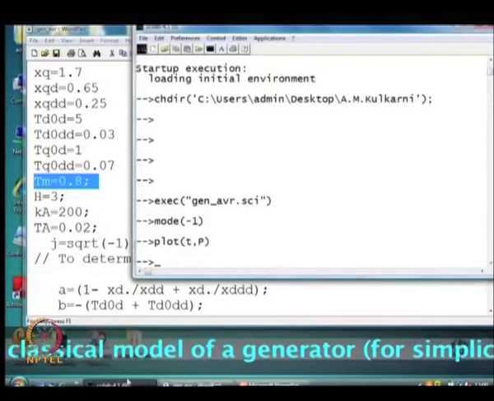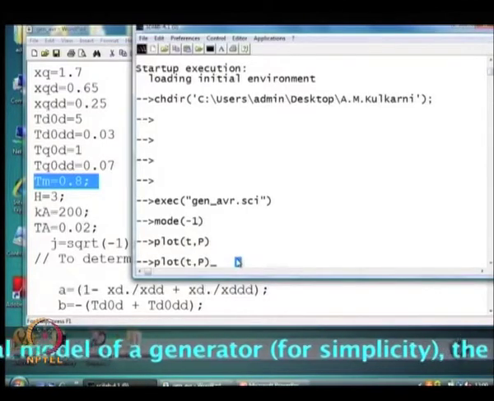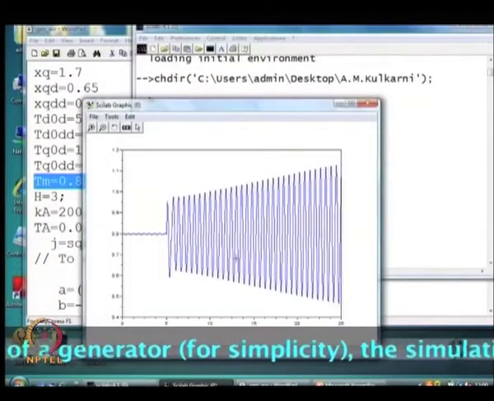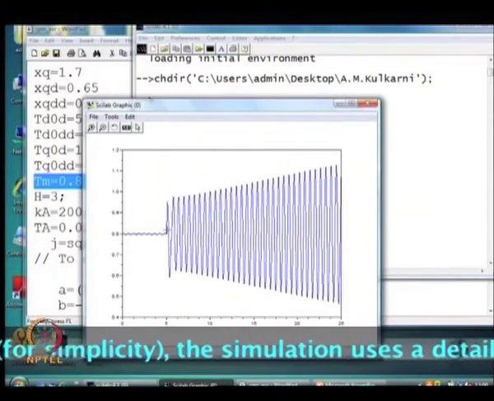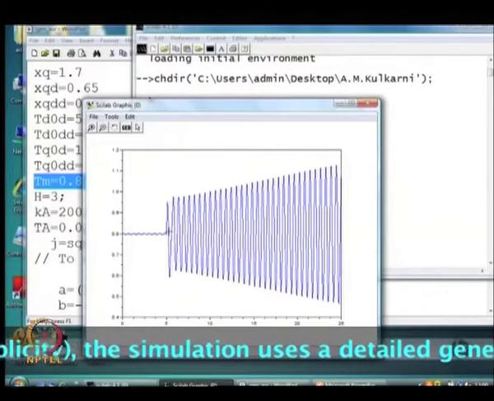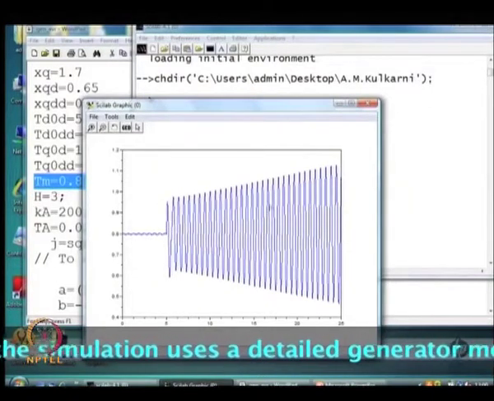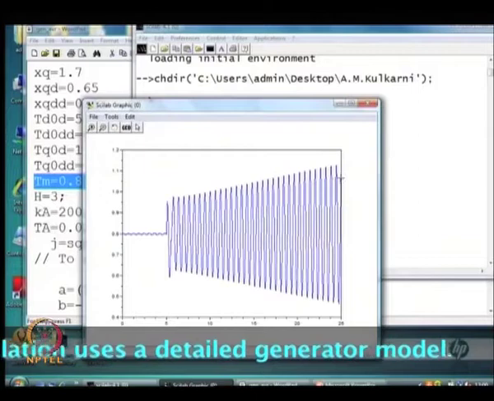In fact, if you recall, I had plotted the time versus power plot for this equilibrium condition. If I give a disturbance, the system does not settle and this oscillation goes on growing with time.